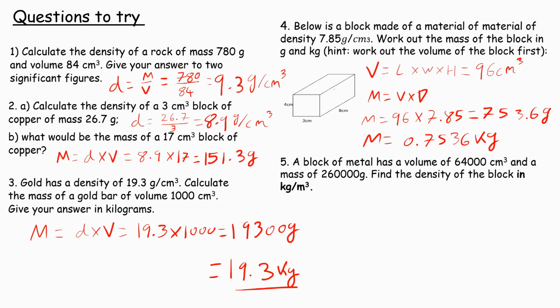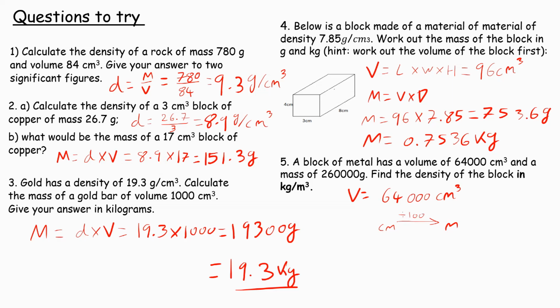Lastly, a block of metal has a volume 64,000 centimeters cubed and a mass of 2.6 million grams. Find the density of the block in kilograms per meters cubed. So what I'm going to do is convert the units. So first of all, volume is 64,000 centimeters cubed. Now to go from centimeters to meters, we have to divide by 100.